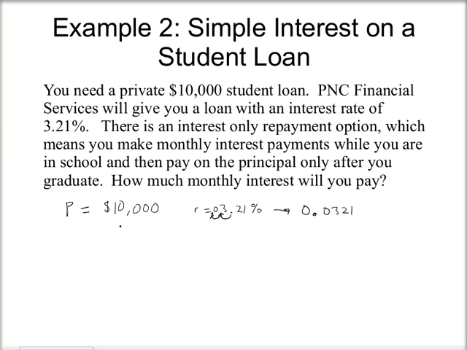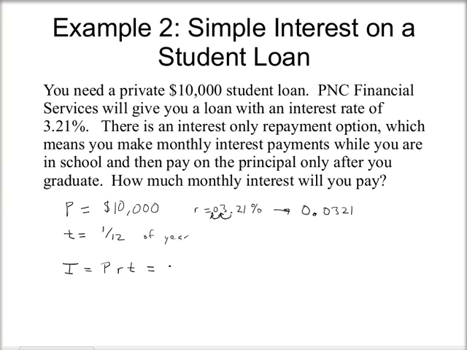Now you are paying interest monthly, so the amount of time is 1 month, which is 1/12 of a year. So to figure out the interest that you're paying each month, we're going to use the formula for just the interest, which is equal to principal times your interest rate times the period of time.